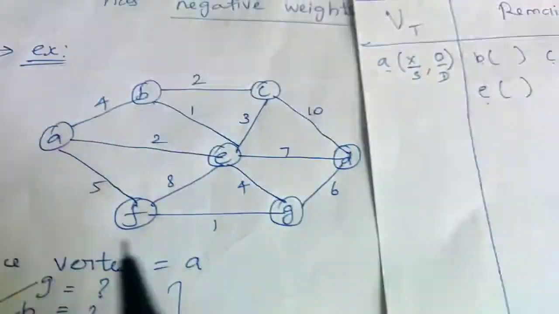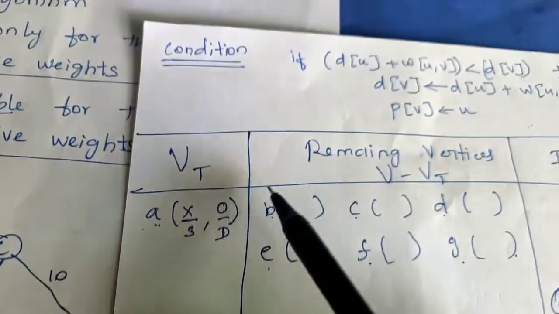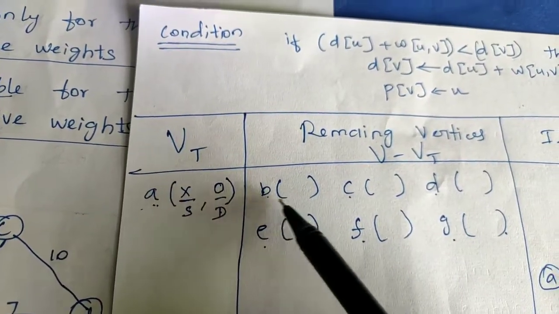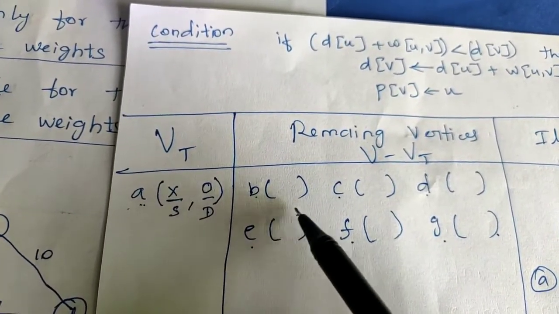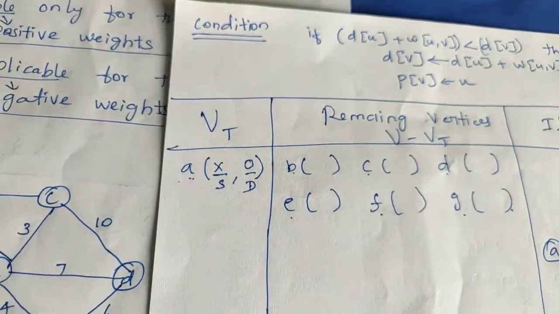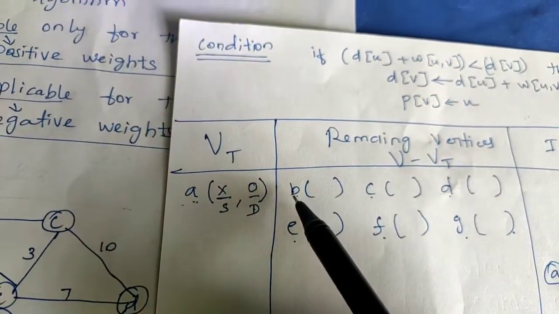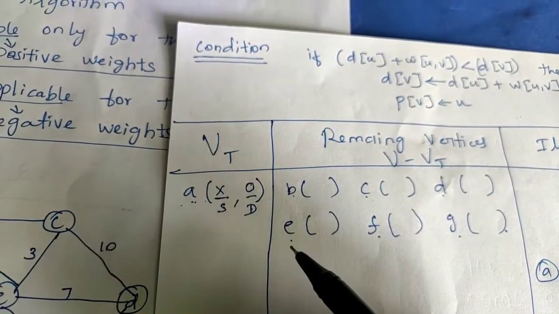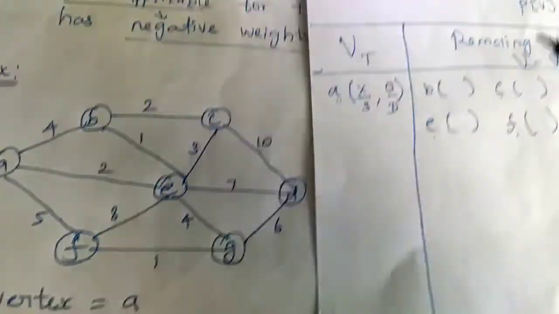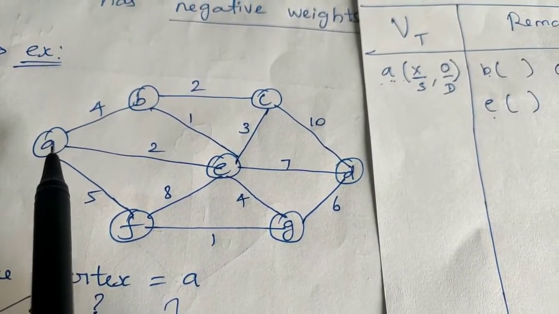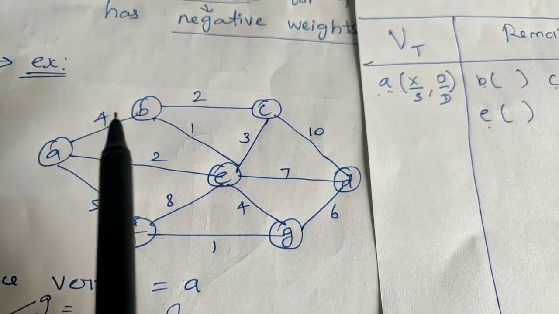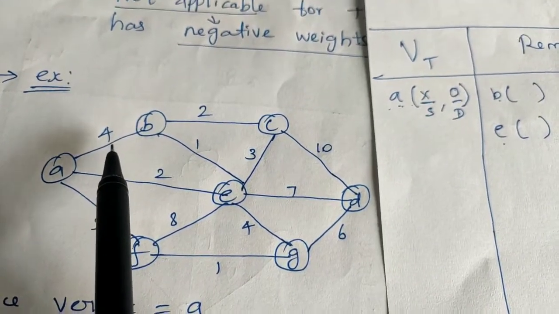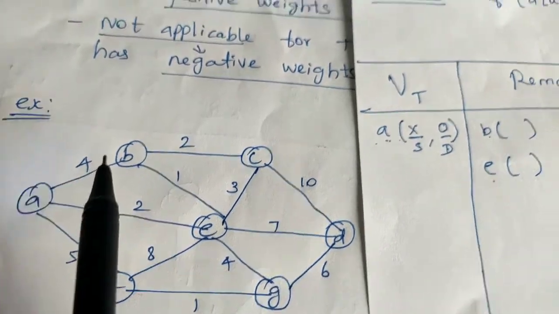Now look at your graph. I am just trying to visit the first vertex in the remaining vertices column, B. Is there any direct path from A to B or not? I need to see. Look at your graph. I have a direct path A to B with the weight 4.